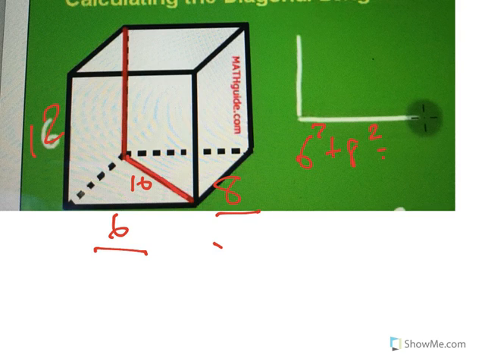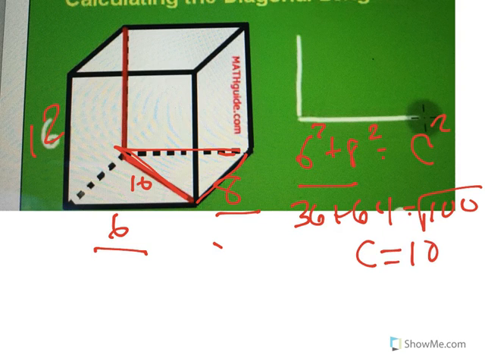How do I know that this line right here is 10 inches? Well, I formed a nice triangle down here, and it gives me the Pythagorean theorem of 6 squared plus 8 squared equals c squared. So I have 36 plus 64 equals 100. If I take the square root of 100, c equals 10.